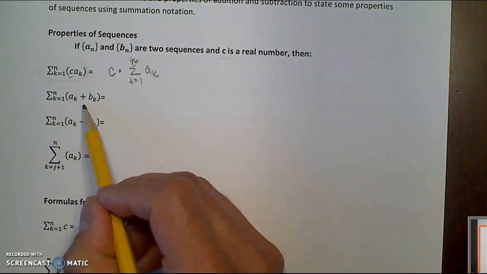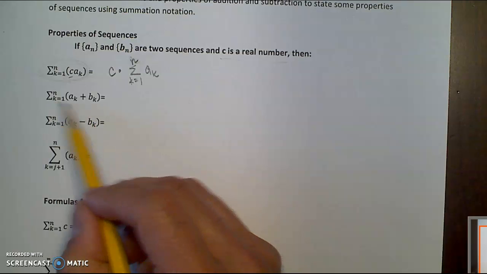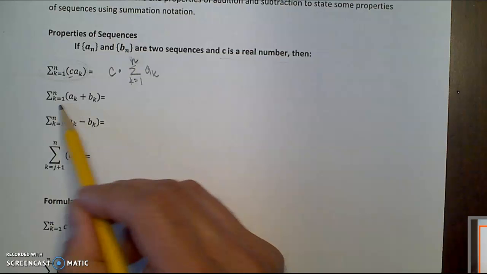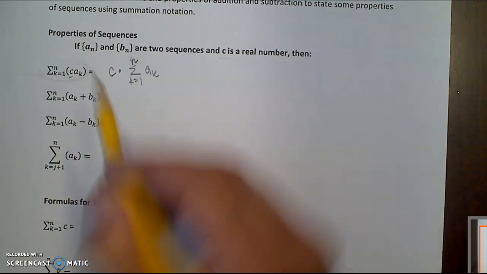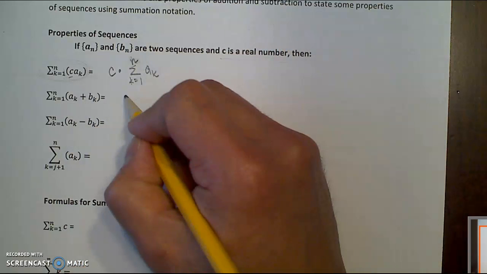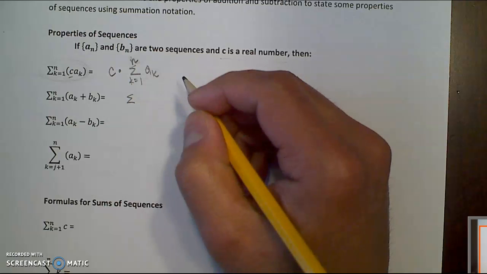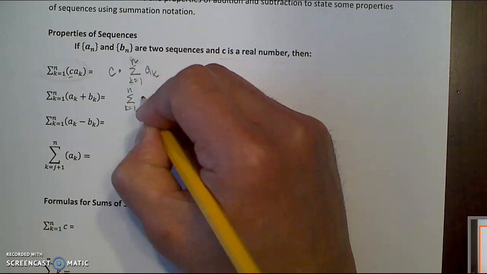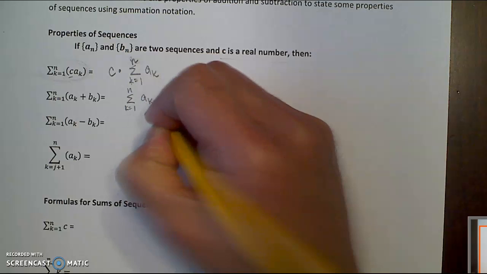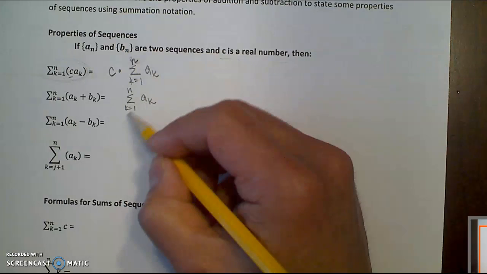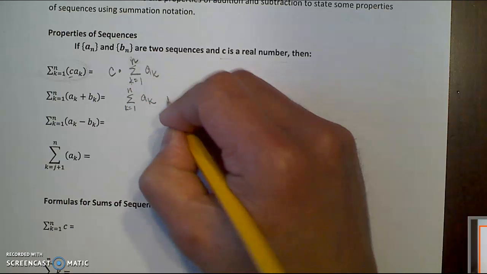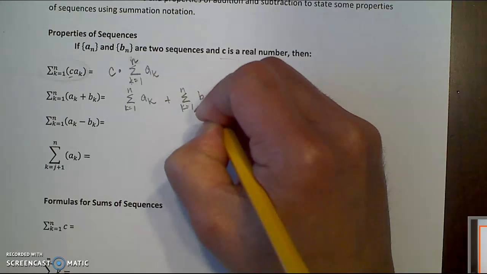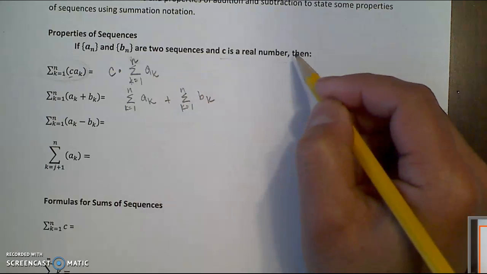Okay, so the next one here, we are finding the summation of 2 sequences. We're going to break it up as the sum of 2 summations. We can simply rewrite it as the summation of the first sequence from the first term to the nth term plus the summation of the second sequence from the first term to the nth term.